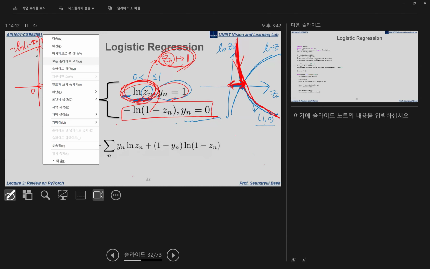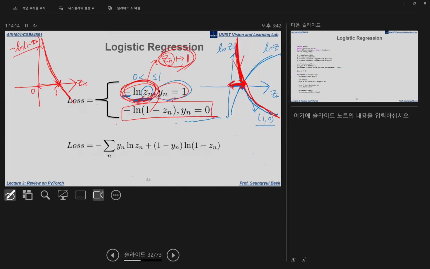And we want to minimize this minus ln 1 minus gn. That means we want to make this part close to 1. So in that part, the y values will be minimized, okay? That means gn will eventually go close to 0, okay? Are you guys understanding this?